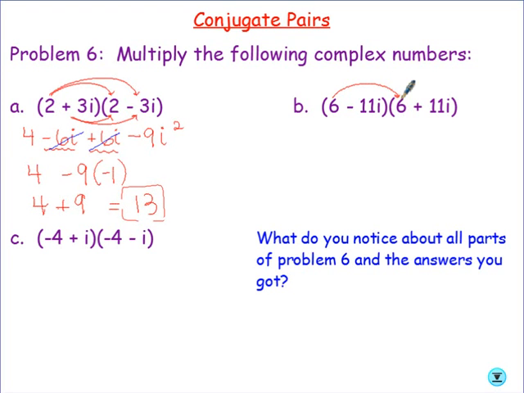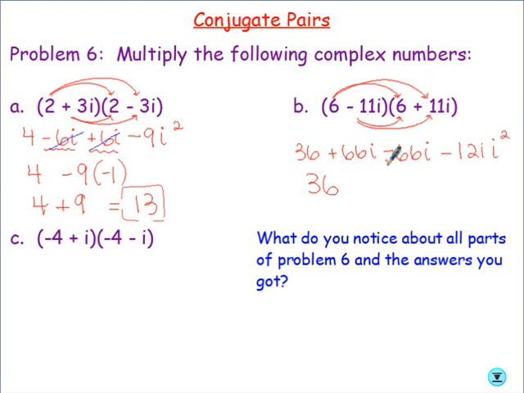6 times 6 is 36. 6 times positive 11i is positive 66i. Negative 11i times 6 is negative 66i. And negative 11i times positive 11i is negative 121i squared. 36 we keep.